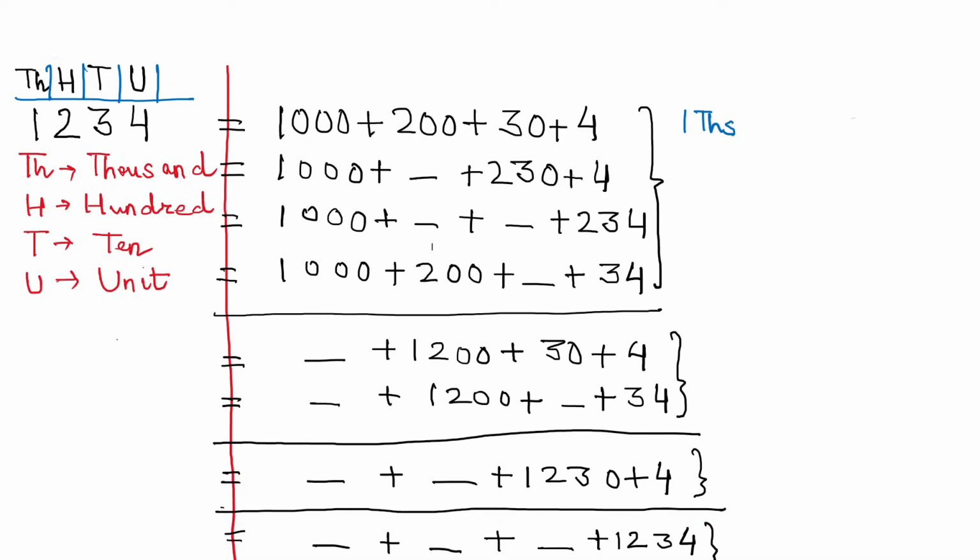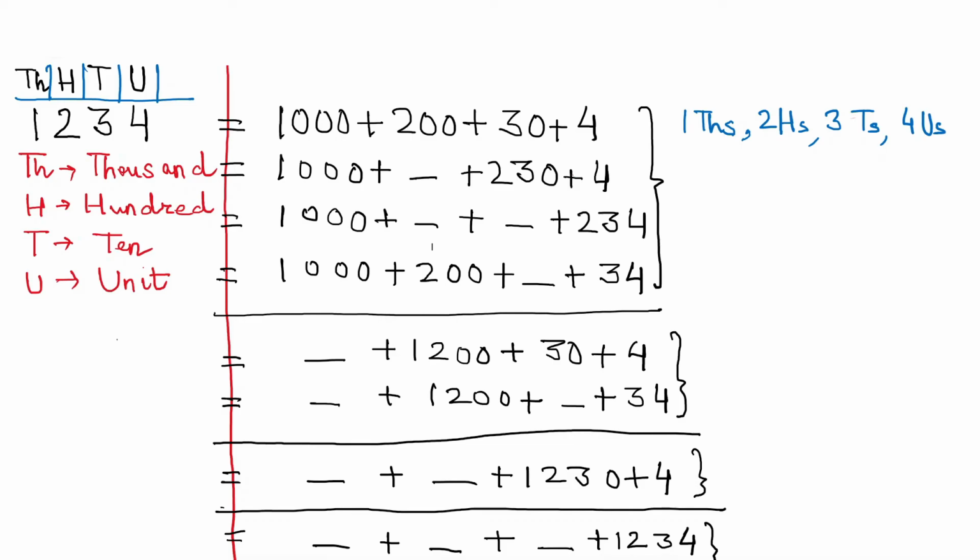But when you're using a number like 1, you can avoid writing S. Even if you write it, that will not be marked as incorrect. So 2 hundreds, 3 tens, and 4 units or 4 ones.